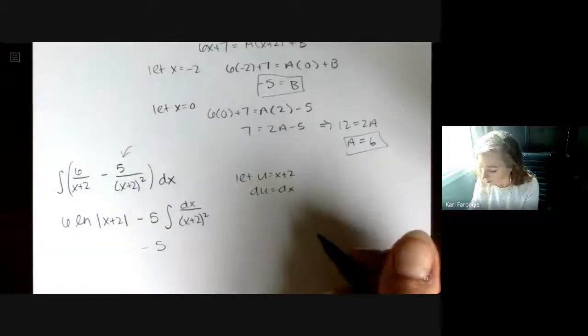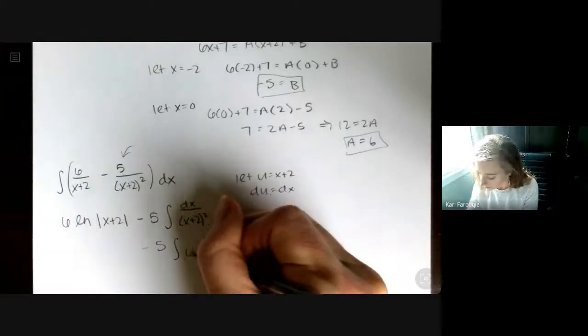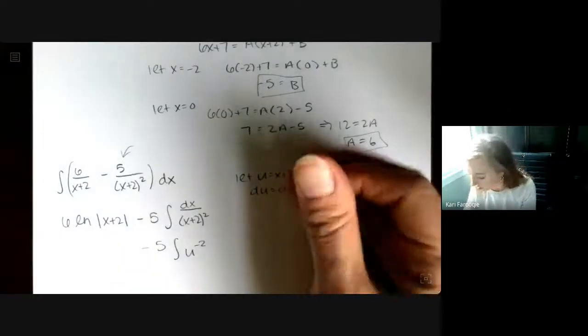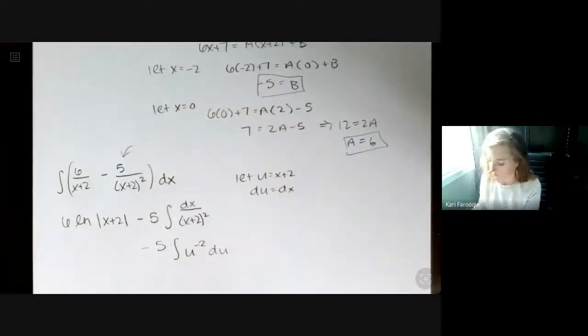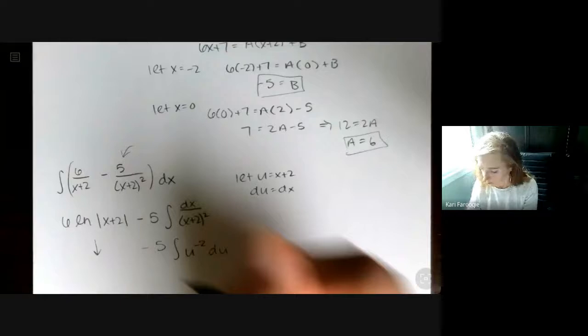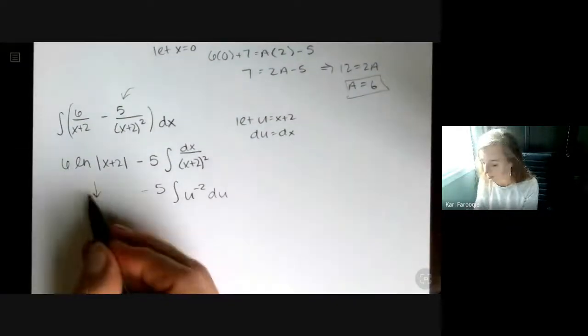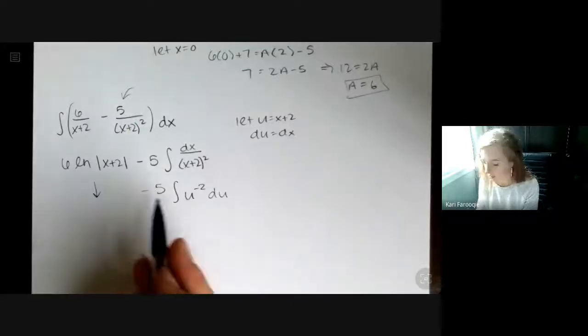So you'll have -5, and then the integral of u to the -2nd power, because we're moving that u up so that we can integrate, and then du. That guy's going to come down. You don't have to keep rewriting. Just make sure it's rewritten at the end and make sure that you don't lose it.